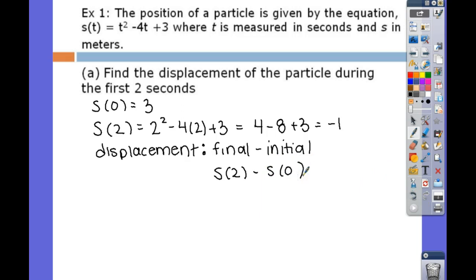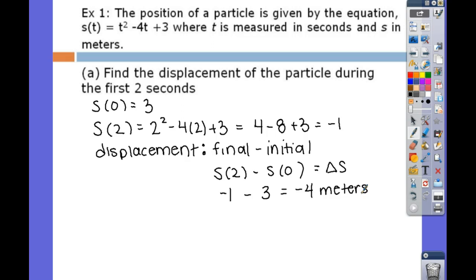Or you could refer to it as the change in S, or delta S. So S of 2 we said was negative 1. S of 0 was 3. Therefore, the change in position is negative 4. So we were given units, right? So it's negative 4 meters.